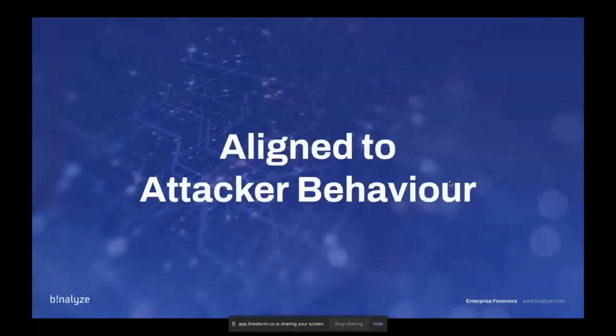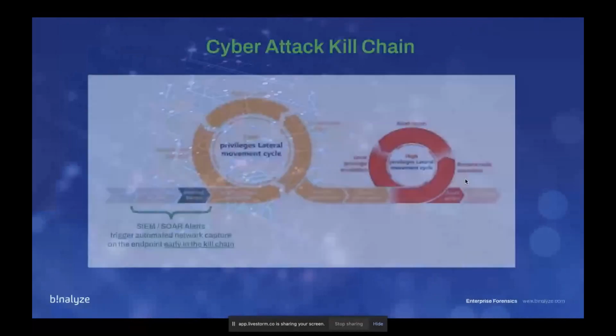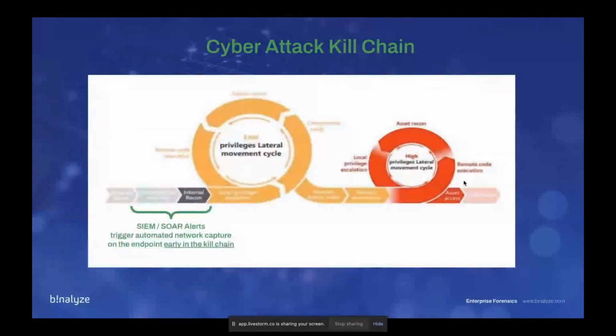And this is why we call it aligned to attacker behavior. The reason is we already have a lot of products in our environments, and we already receive alerts from our SIEM, SOAR, and EDRs, and these products are already raising the flag. The problem is we don't have enough people in most cases to respond to these alerts and start a recording of the endpoint, let's call it that way.